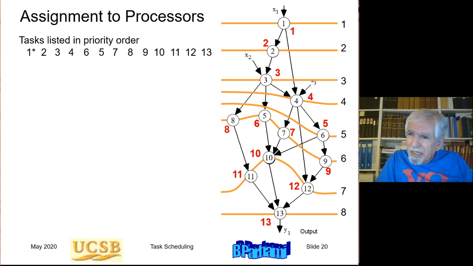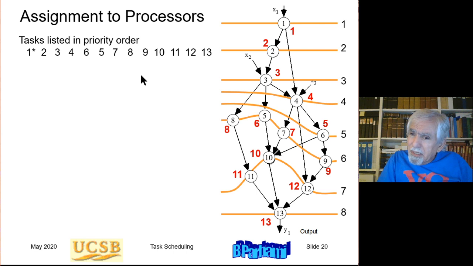In this particular example, the priority number and the task number happens to be almost the same. There is just a difference here. So task 1 has priority 1, 2 priority 2, priority 3, priority 4, priority 5, 6 has priority 5, and 5 has priority 6. Okay?